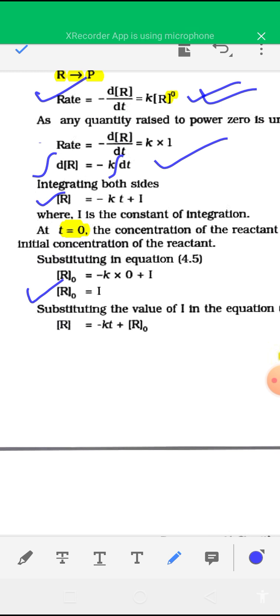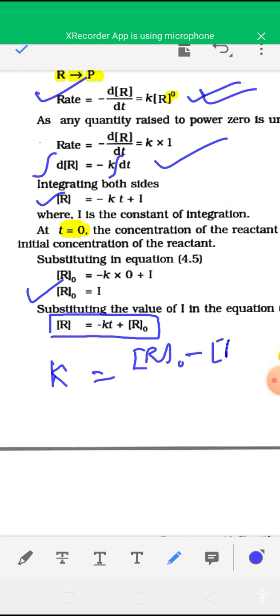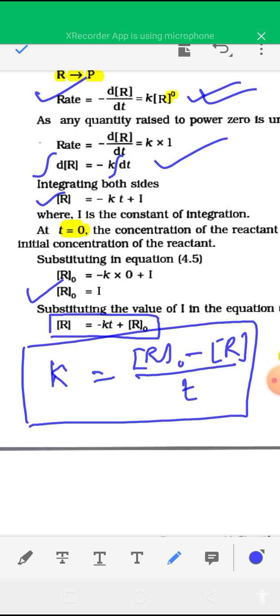After substitution, we get [R] equals minus kt plus [R]0, or you can also write k equals ([R]0 minus [R]) divided by t. This is the integrated rate law for zero order reaction.